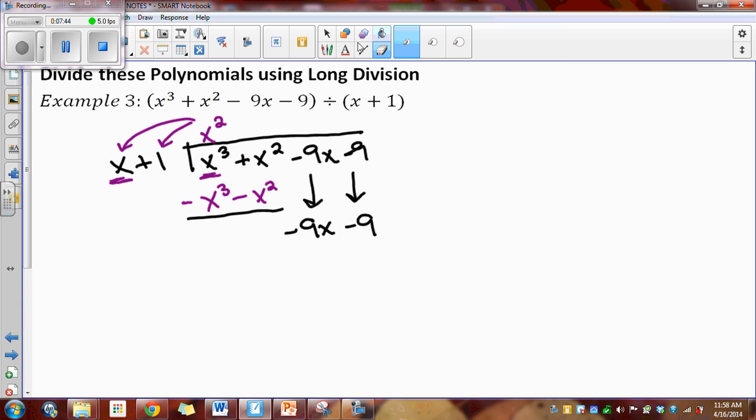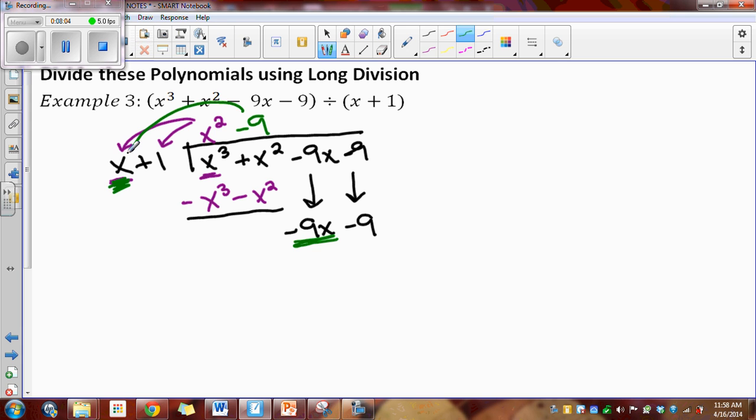Alright, so let's get a different color here. Let's go with green. How do we get from x to negative 9x? We need to multiply by negative, first of all. And we need that 9, right? Other than that, it's good.